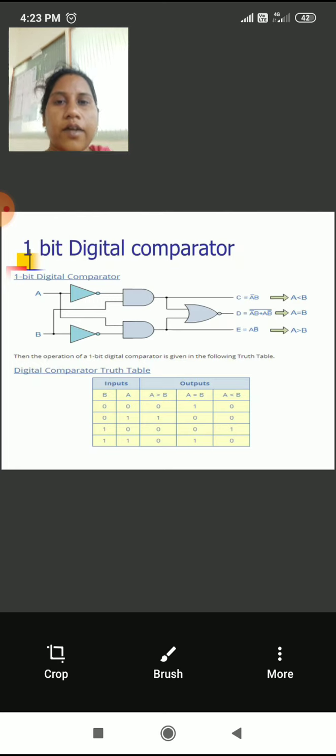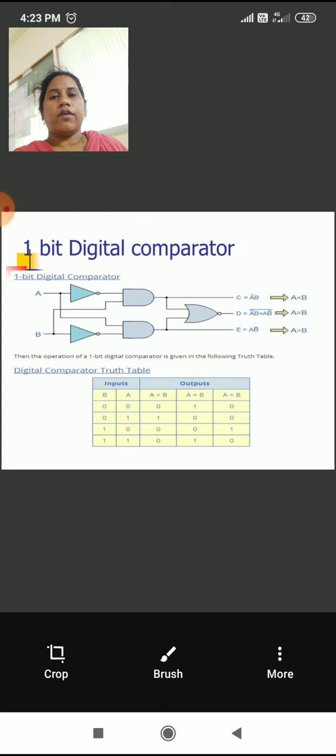Here we see that input A is given to the NOT gate, and the same A input is also given to one of the inputs of an AND gate. When A is 0, at that time the input of the AND gate will be 1. Then the other input is B, which is given to a NOT gate, and the same input is also given to the other input of another AND gate.